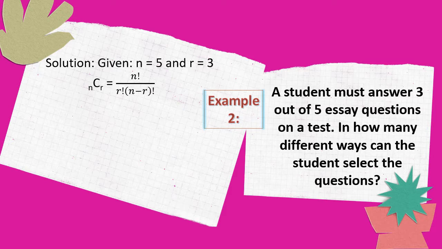So substitute, 5 combination, yung r is equal to 3. So n natin is equal to 5 factorial over 3 factorial, open and close parentheses, 5 minus 3 factorial. Ayan.